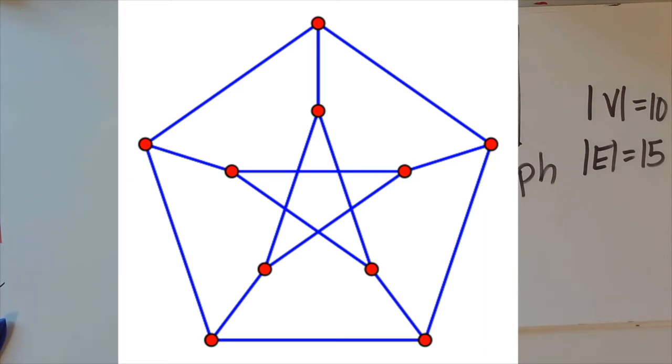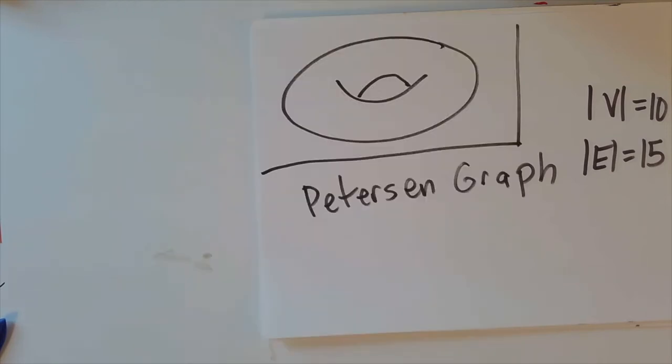So this way of drawing the graph has made clear that there's a symmetry of order 5, meaning I could rotate this 5 times around, and that would definitely give me some symmetries. But I could draw the same graph not like that, but instead like this.